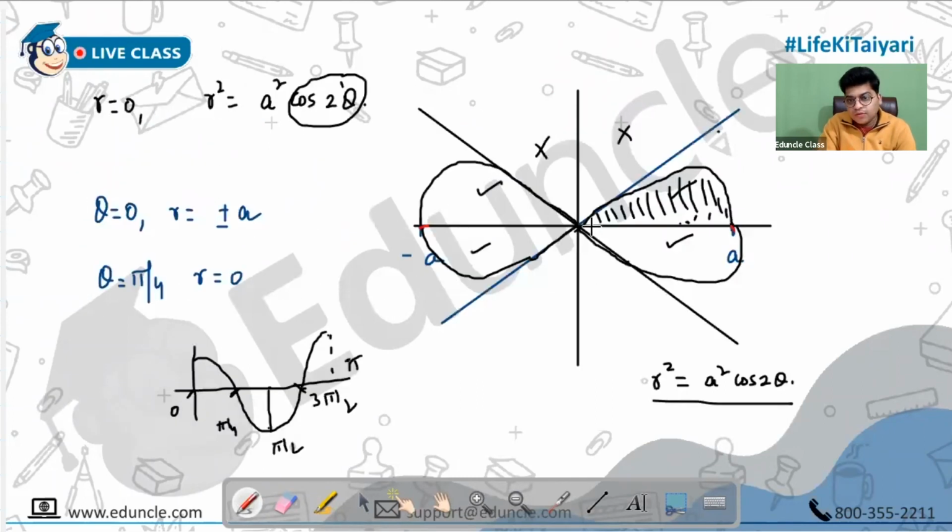See, theta is 0 to pi by 4. This angle is pi by 4. And r is equal to 0 to a under root cos 2 theta. Yes or no? पॉजिटिव पार्ट ले लिया. Am I clear?